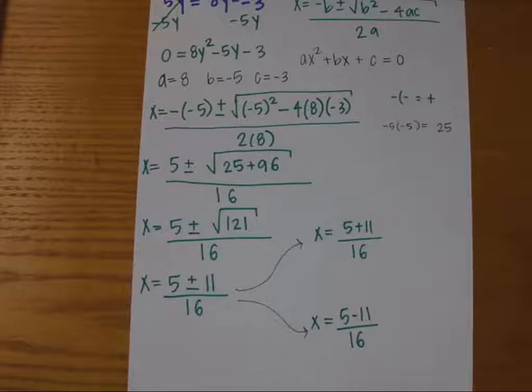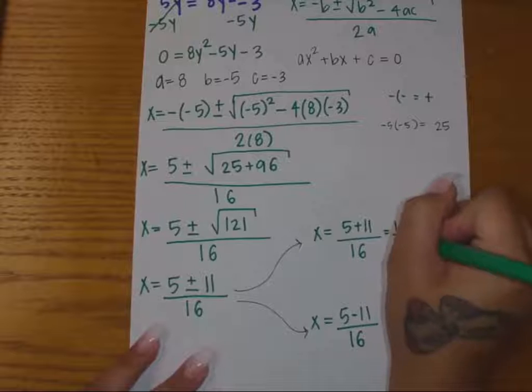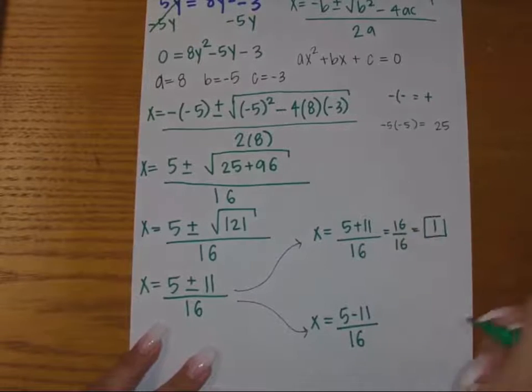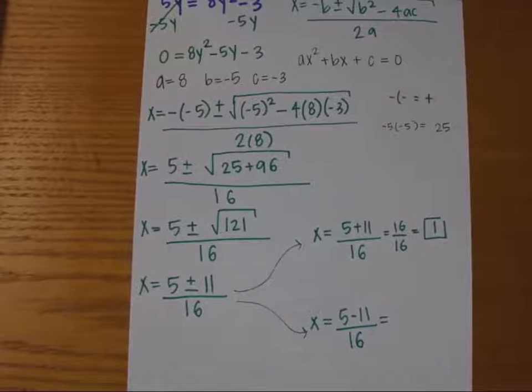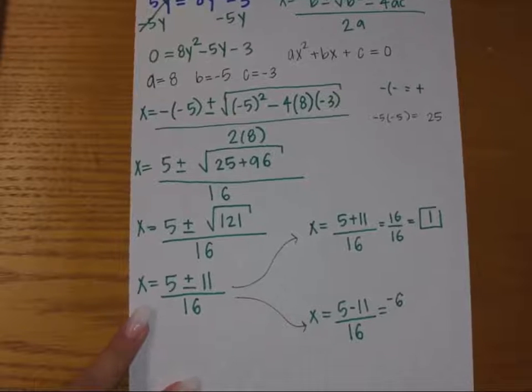Okay, so if you look at that top one, I have 5 plus 11, which is 16 over 16, and 16 over 16 is just 1. And then right here I have 5 minus 11. Signs are different, so you subtract, keep the sign of the larger. I get a -6.